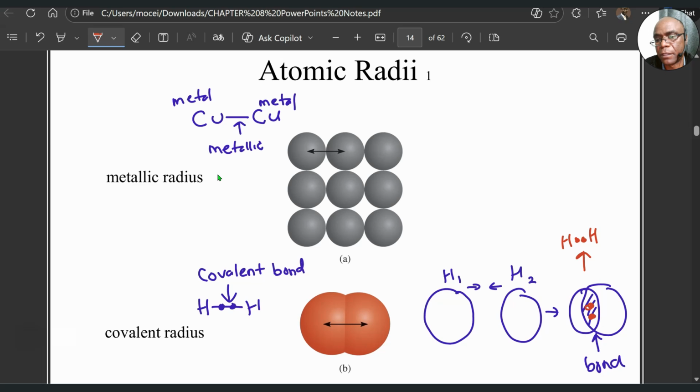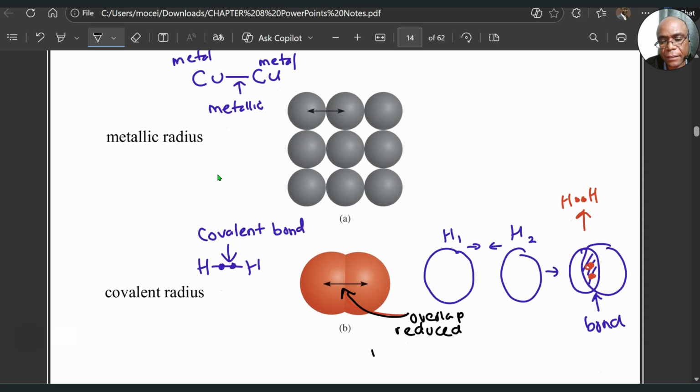They make the covalent bond between hydrogen and hydrogen. So now, because there is overlap, you expect the radius here to be smaller than in the metallic bond. Here, there's an overlap, and therefore there is reduced internuclear distance.